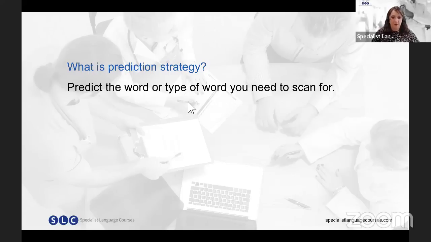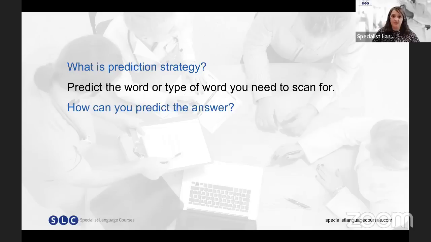It means that you are predicting the word or the type of word that you need to scan for. So you use your understanding of English and your knowledge of grammar to help you decide what kind of word you're looking for. And then this should make it easier when you scan the text if you know what you're looking for.